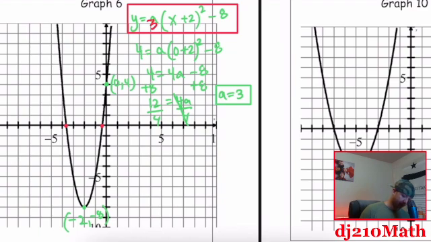Okay. Standard form. So now we don't have an x-intercept form to FOIL out. So we always got a backup plan, right? We can use the vertex form. The vertex form is just as good. So in standard form, we'll say 3 times (x plus 2) squared minus 8. So I'm going to square x plus 2, right?